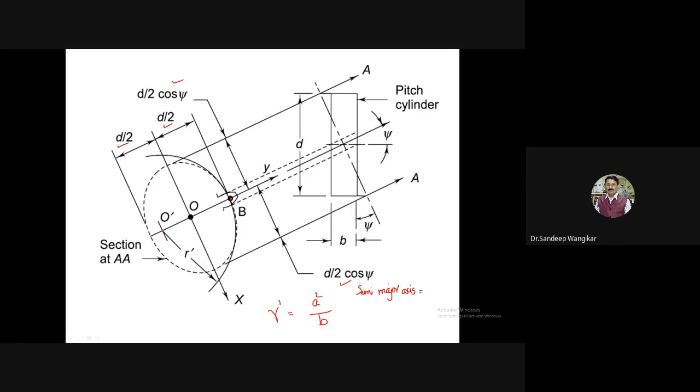Semi major axis is equal to d by 2 cos psi, and semi minor axis is equal to d by 2, and this is, you can say, the radius of curvature for the ellipse. Radius of curvature r dash is equal to, in between put line like this. Okay, so draw the diagram and write down this.